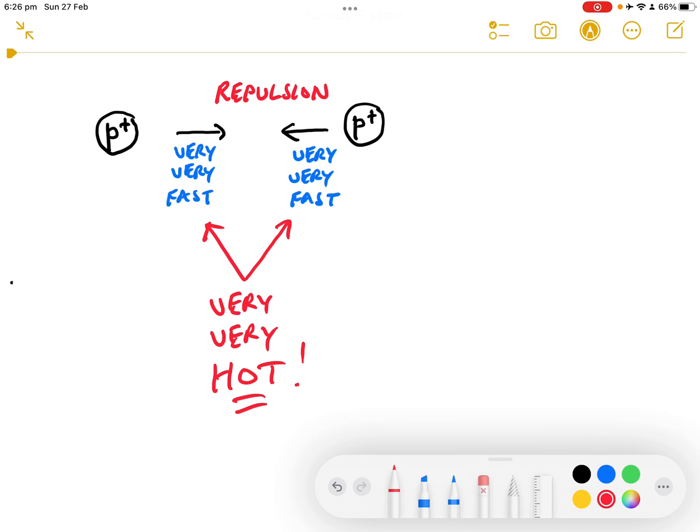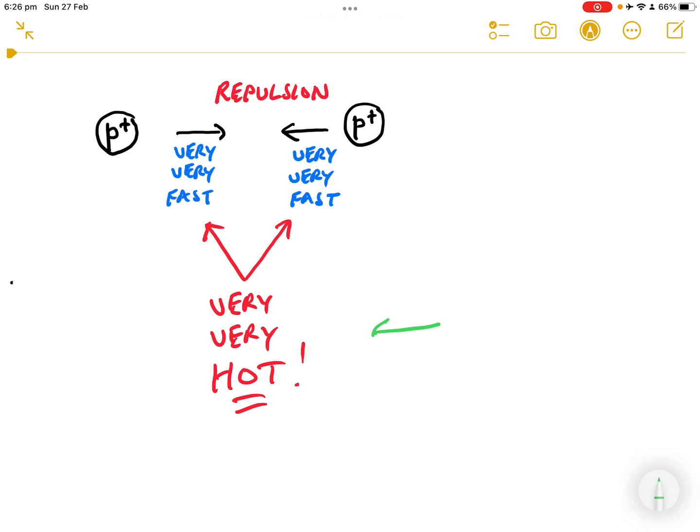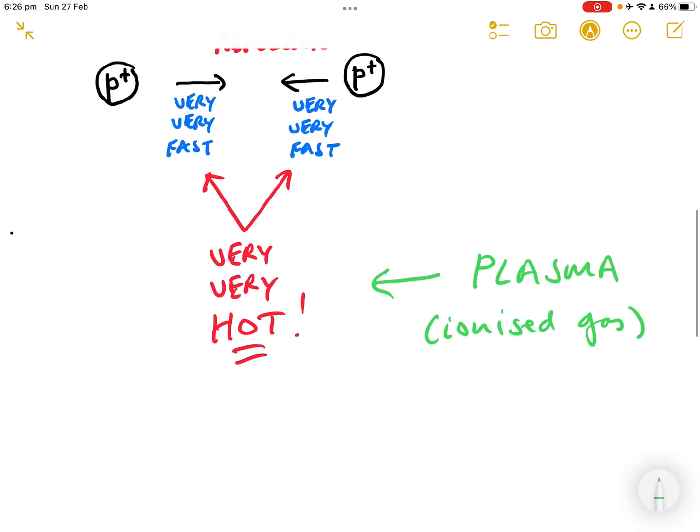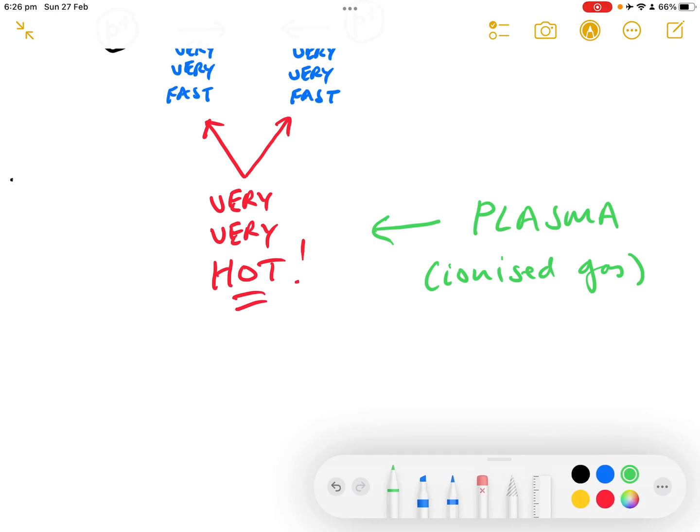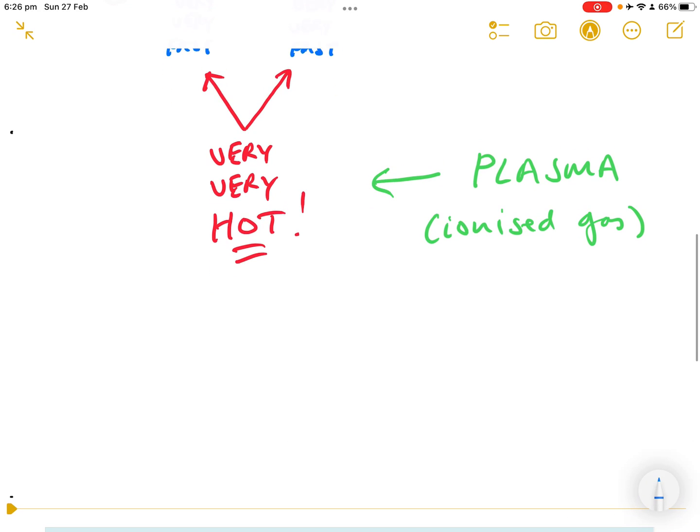A plasma being a charged gas, an ionized gas. So we talk of a hydrogen plasma when we're dealing with nuclear fusion. So, in order to get the particles moving very fast, we need to make it very, very, very hot.